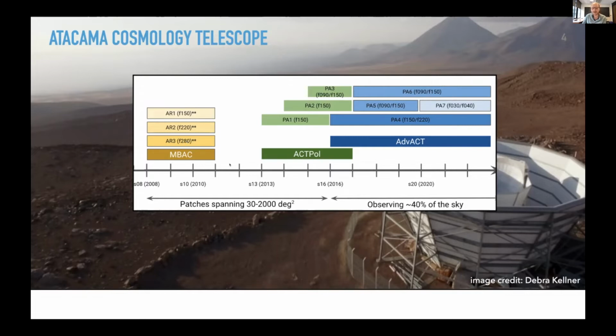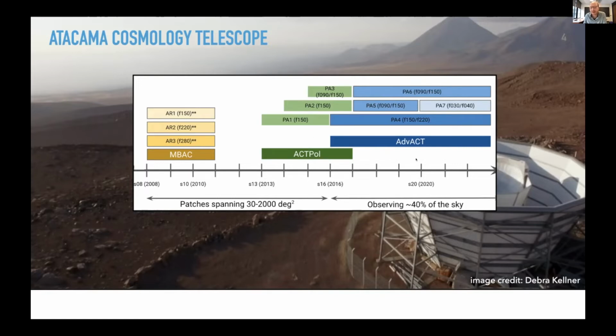Then later, in 2013, roughly, the next iteration called ACT-POL started, which comprises these 3 detector arrays that observe at 90 and 150 gigahertz. And then that transformed into what we call advanced ACT, where we replaced the 3 arrays with 3 new detector arrays, observing in, again, 90 and 150, but now also 220 gigahertz.